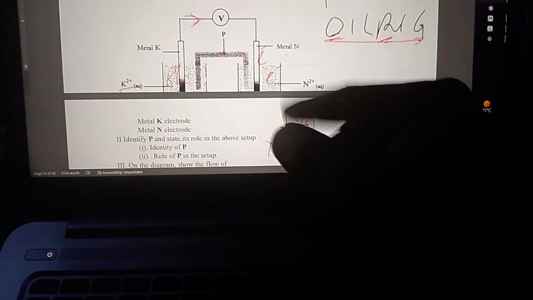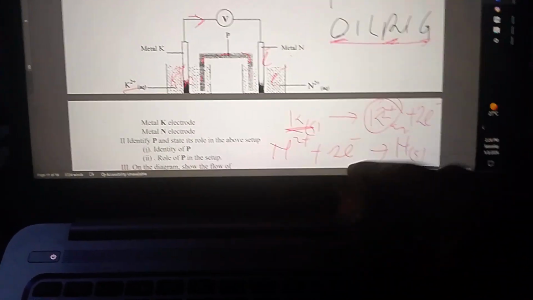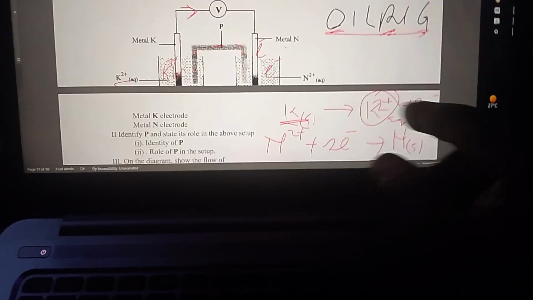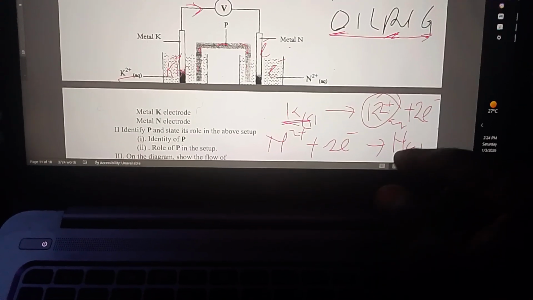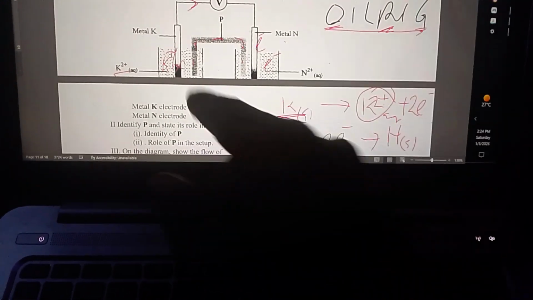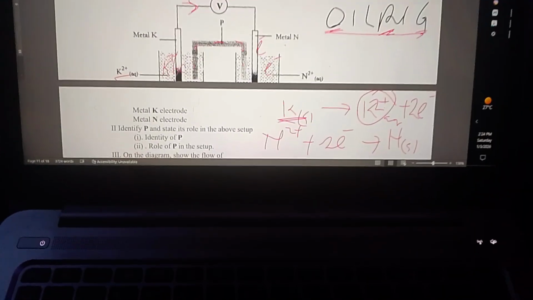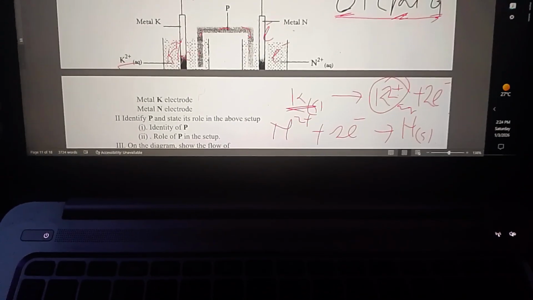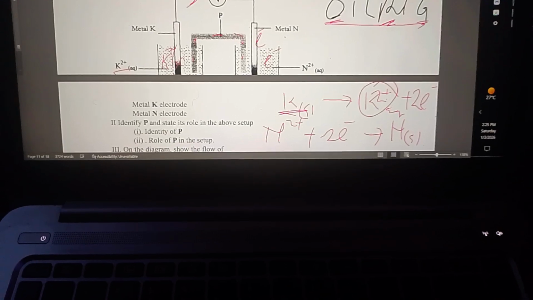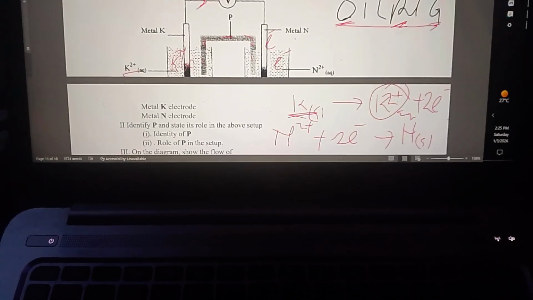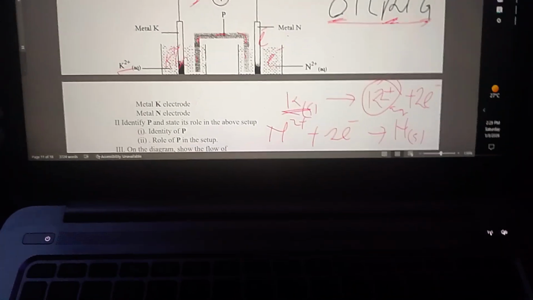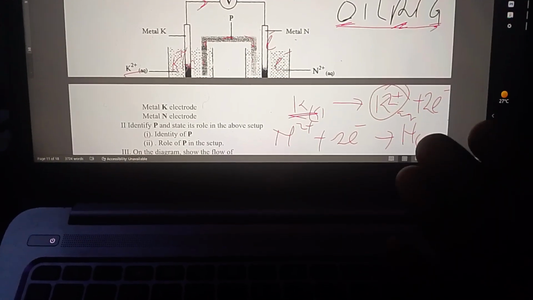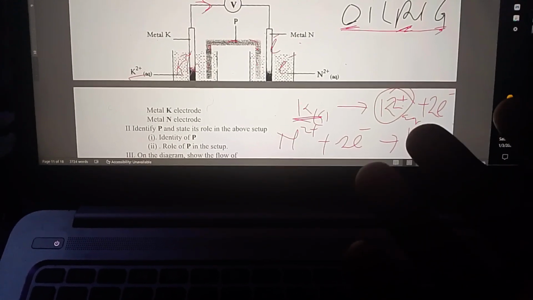It is being pulled by this ion here, and this ion is going to gain the electron and result in the formation of an N solid, and this is we are going to form a metal there.